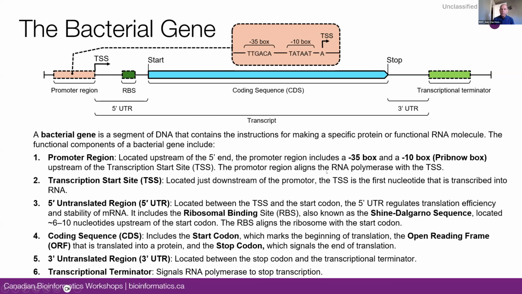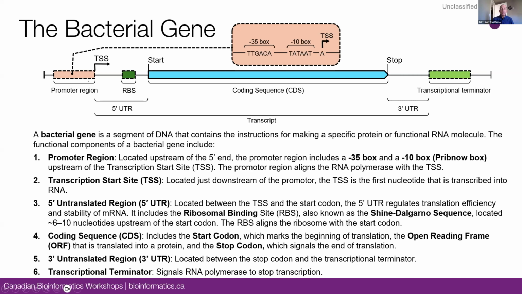One is transcription, where the polymerase transcribes part of this genetic region into a transcript that you see here, and that's our messenger RNA, or mRNA. Then the ribosomal machinery is going to translate that transcript into a coding sequence here. So the first step is to generate a transcript, the second step is to generate a coding sequence, and the bacterial gene contains the instructions for doing both.